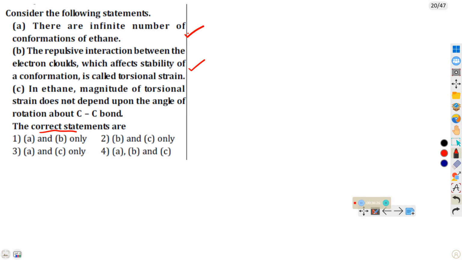In ethane, the magnitude of torsional strain does not depend upon the angle of rotation about the C-C bond. This is wrong. The torsional strain depends on the dihedral angle. So A and B are only correct.